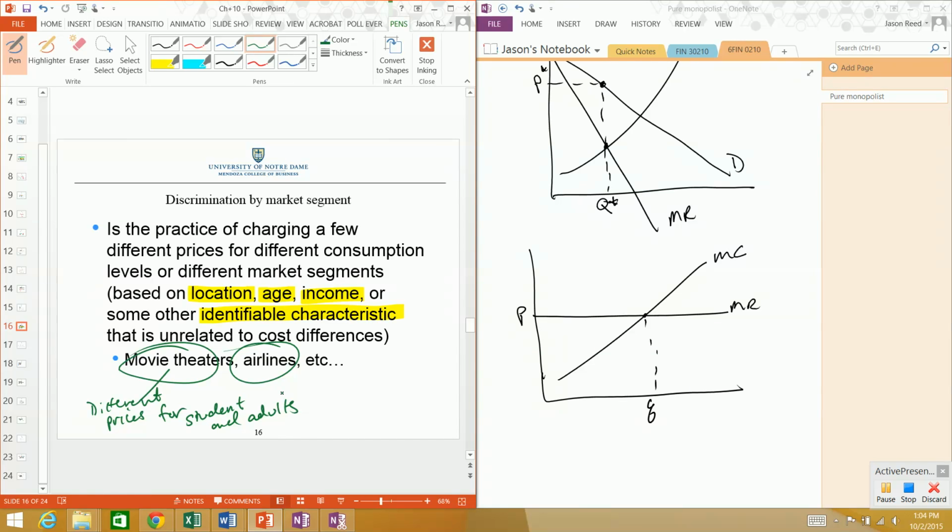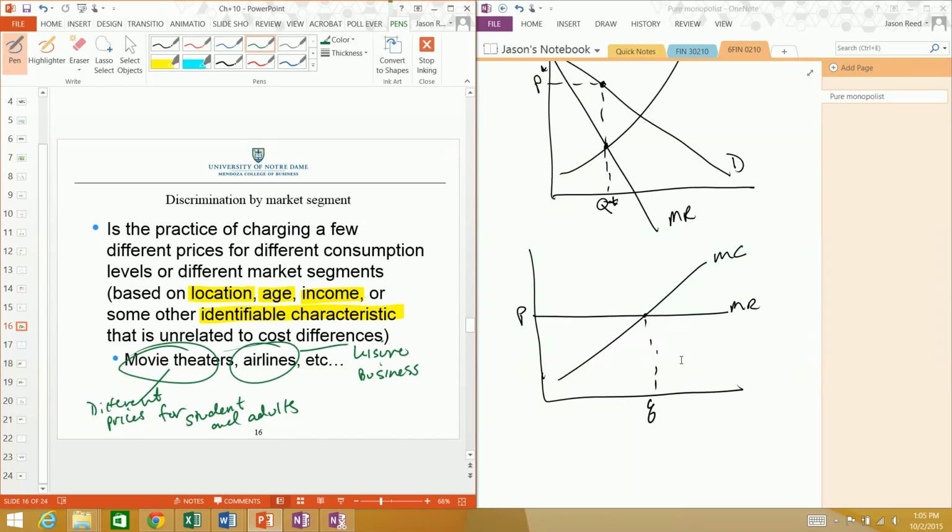How do airlines do this? Well, we know that airlines are able to segment their market by leisure travel versus business travel. And as a result, we're able to see some sort of market segmentation developing there as well.